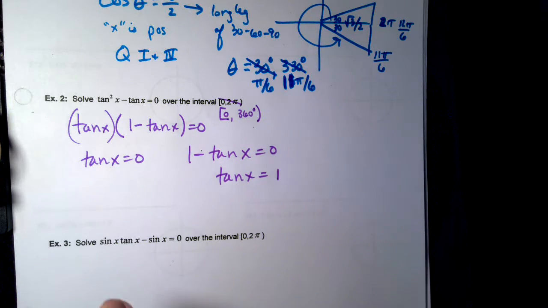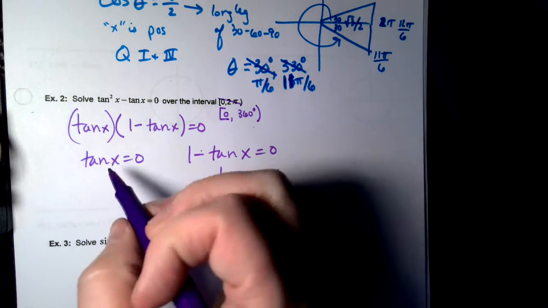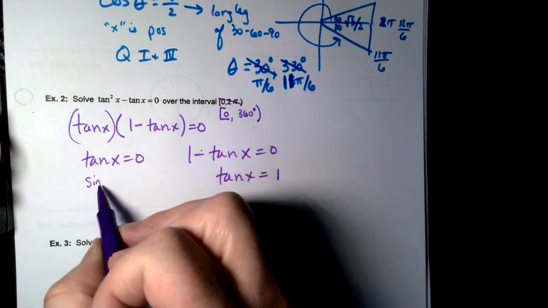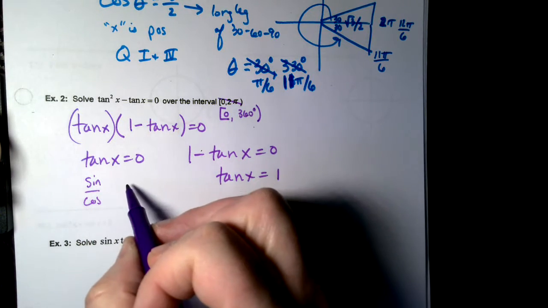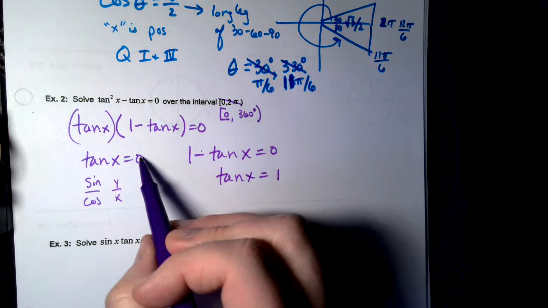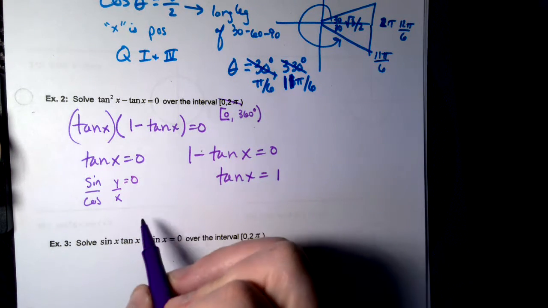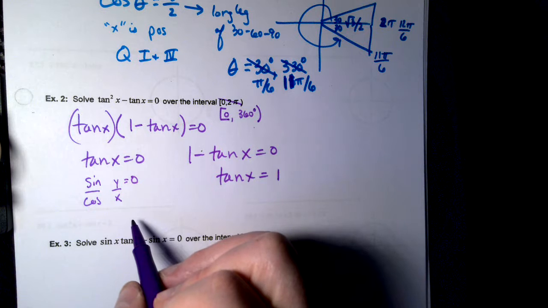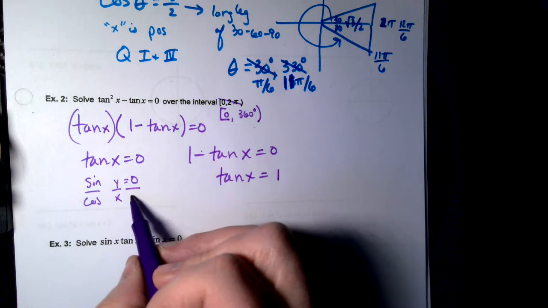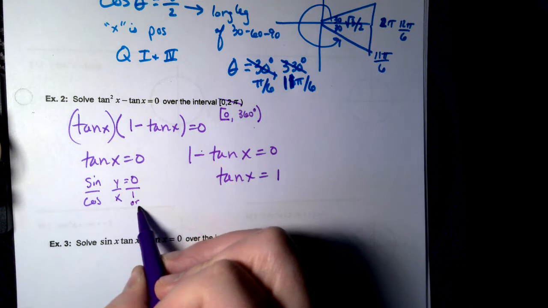Two totally different scenarios to have to think about. Let's talk about the first one. Tan x equals 0. Now remember, tan is sine over cosine. Another way to think of it is the y number over the x number. And the only way that can come out to be 0 is if it's a 0 on the y number, not on the x number. The x can be 1 or negative 1, doesn't matter.